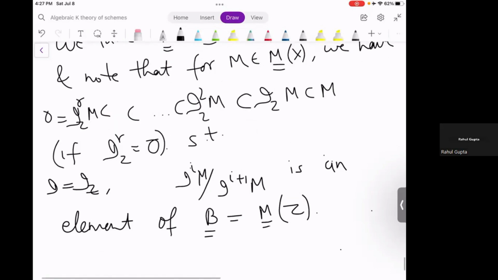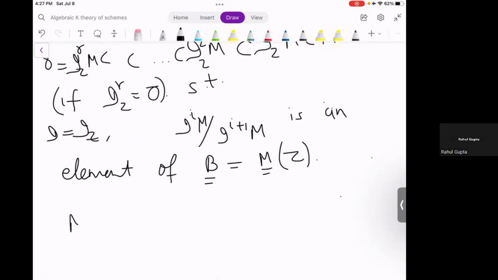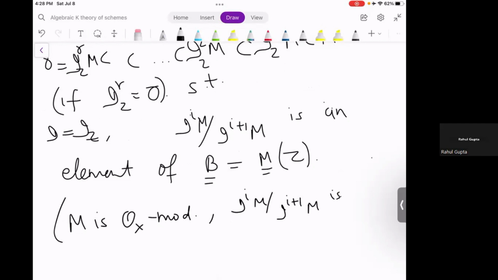So what we are saying is that given any M, I can always give this filtration so that the quotients are actually supported on Z. If M is a coherent O_X module, then I^i M over I^{i+1} M is an O_X mod I module, and O_X mod I is just O_Z.